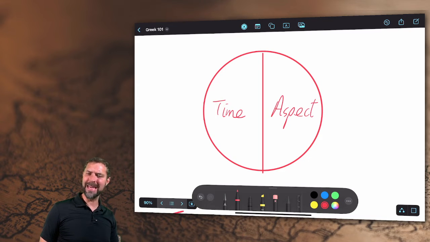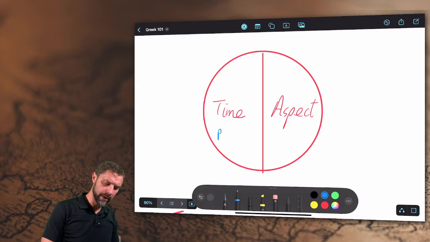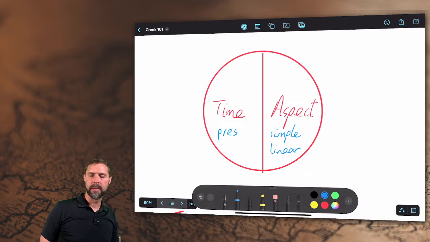If I eat and I am eating are both present tense, what's the difference? What you're actually dealing with in that case is that in time, both of those are present. But in aspect, I've changed from a simple to a linear. A simple aspect, I eat. A linear, I am eating.